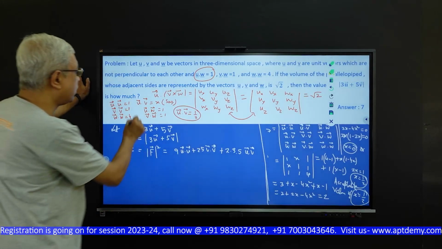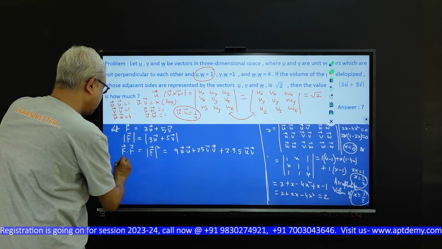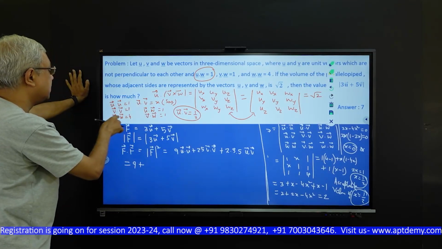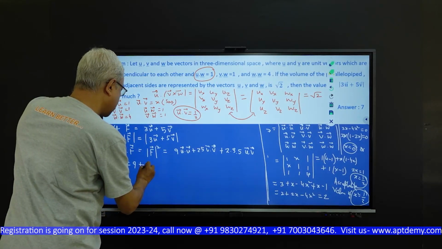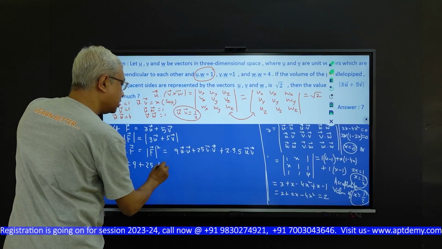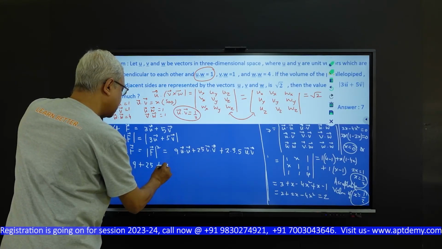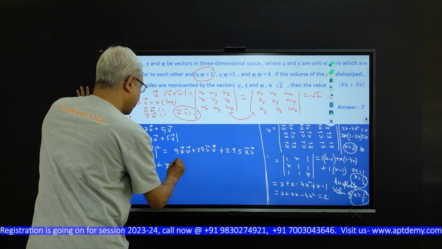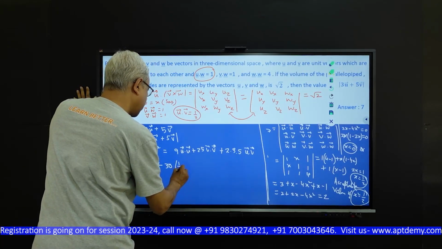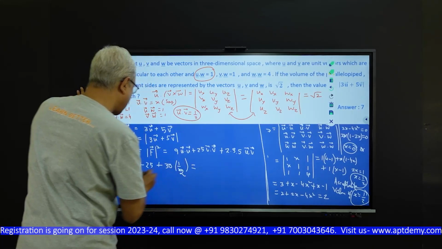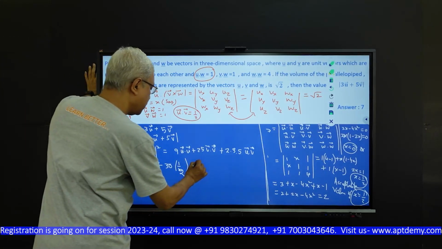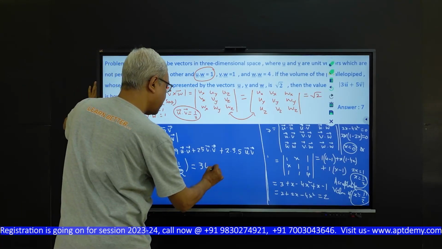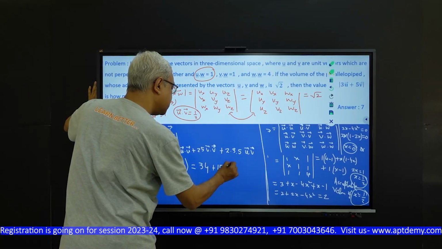Okay, so u dot u, I know it is 1, so it is 9 plus v dot v is also 1, so plus 25 plus 30 u dot v. U dot v I have found half. So it is how much? 34 plus 15, which is 49.